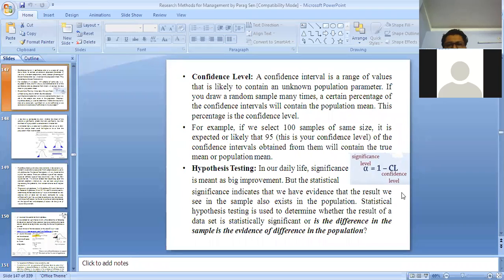So it depends on what kind of confidence level you are trying to achieve. Based on that, you choose your significance level, or cutoff value. Significance level, or alpha, is nothing but your cutoff value, which you compare with your p value.